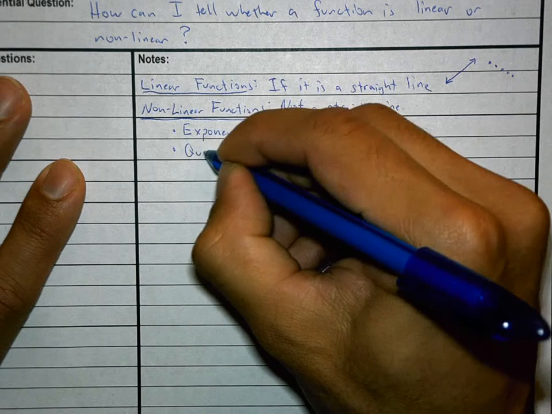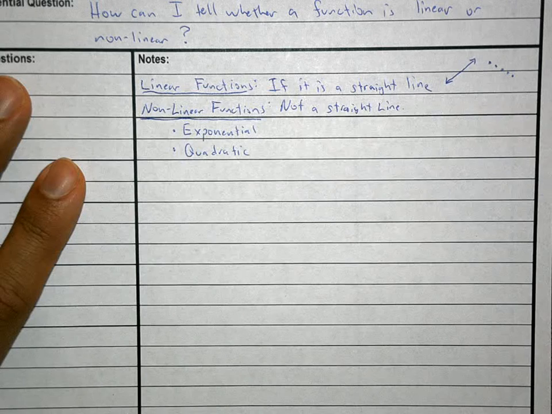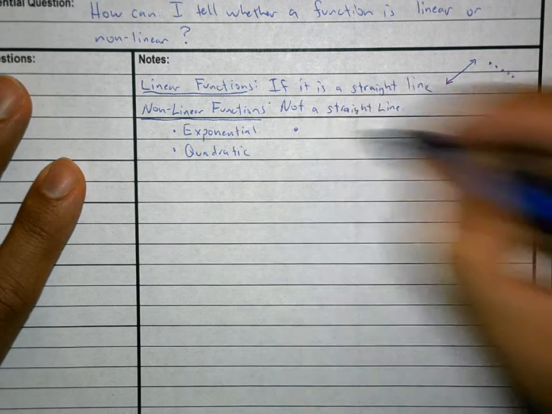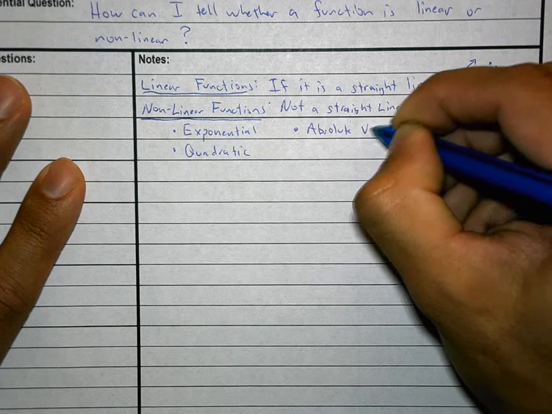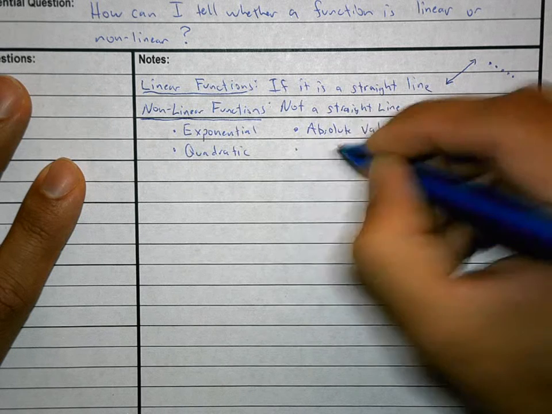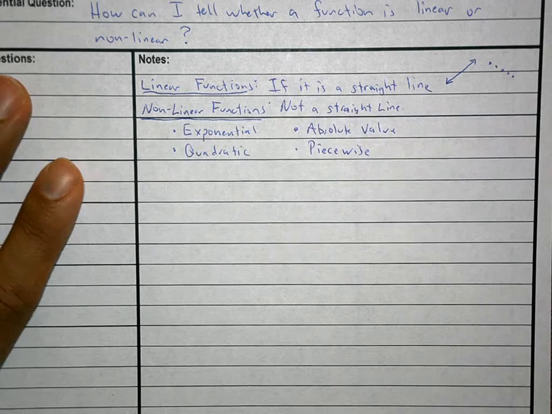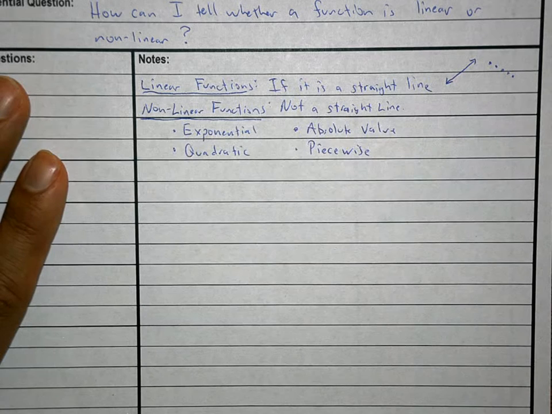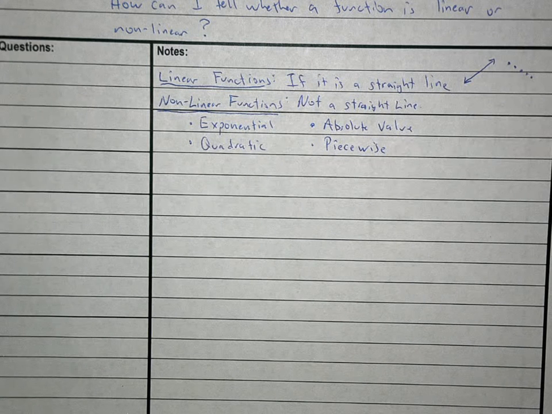They can be quadratic. They can be absolute value. They can be piecewise functions. And so I want you to remember what that looks like.